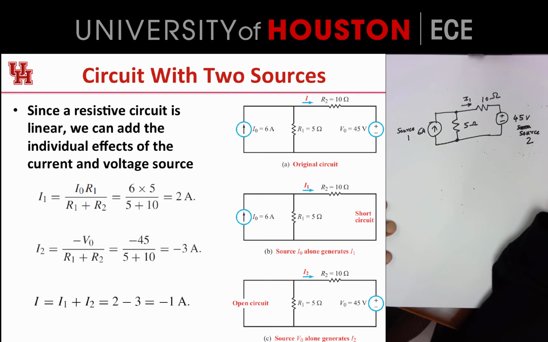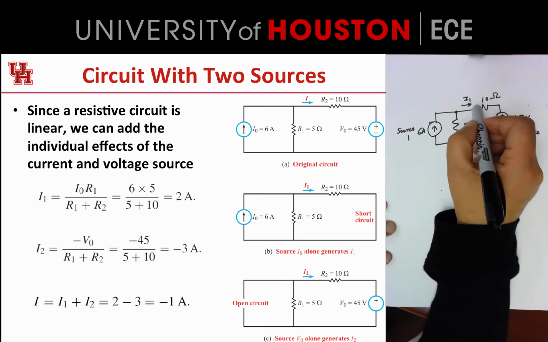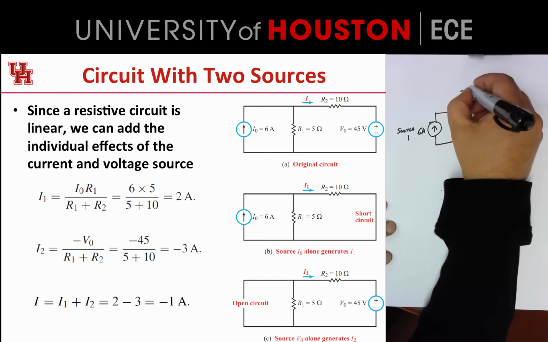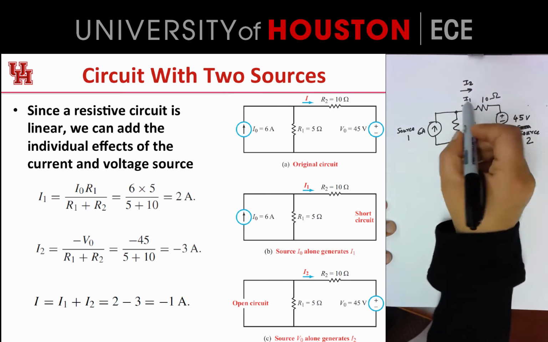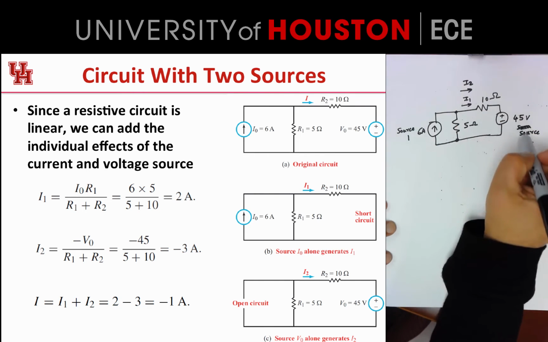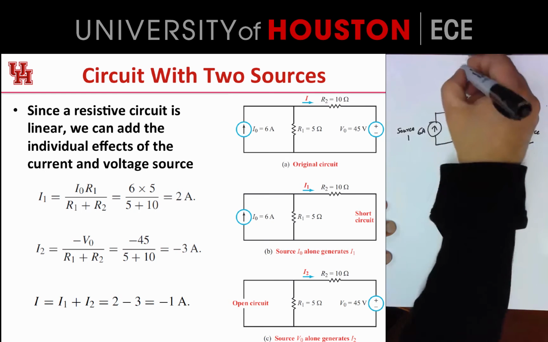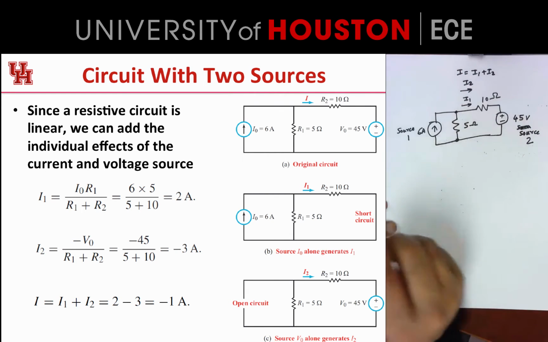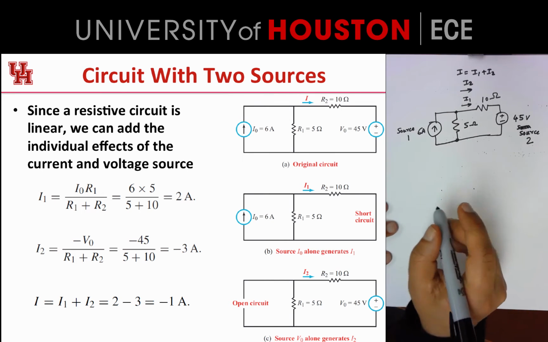If I1 is the current in this resistor due to source 1, and I2 is the current in this resistor due to source 2, then the total current in this should be I1 plus I2. That's superposition for you.